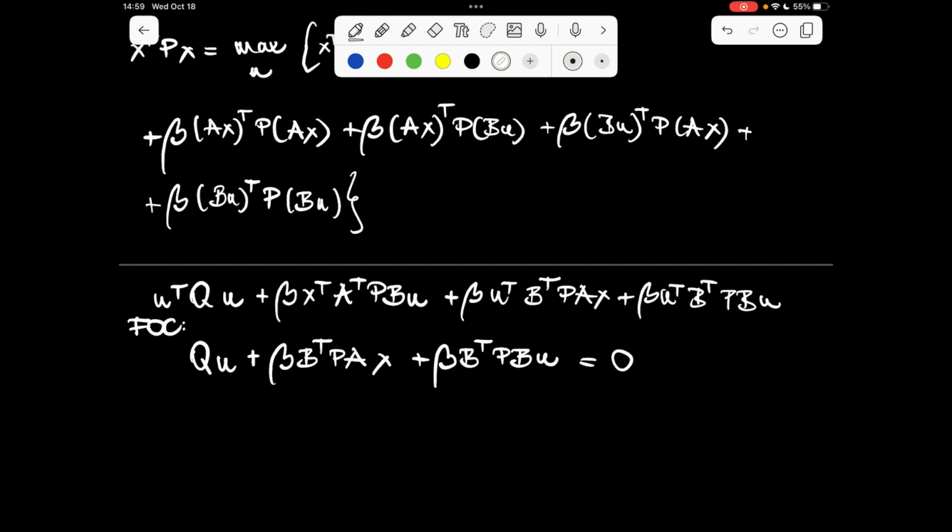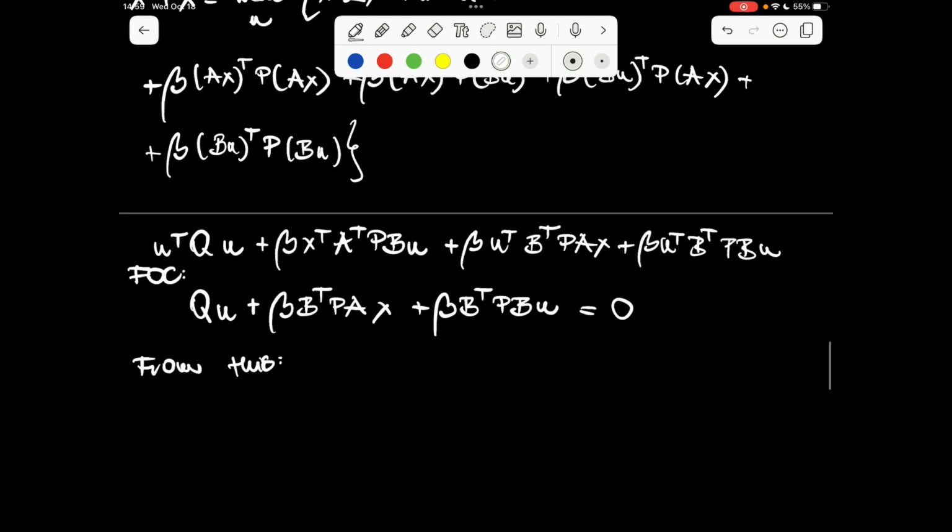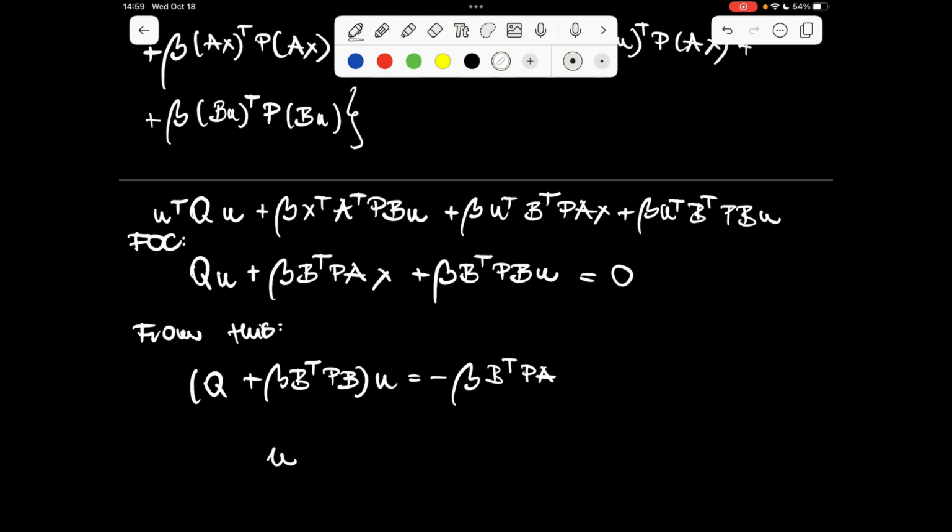From this, okay, the optimum policy function looks very similar to the optimum policy function of the undiscounted version of the same problem.